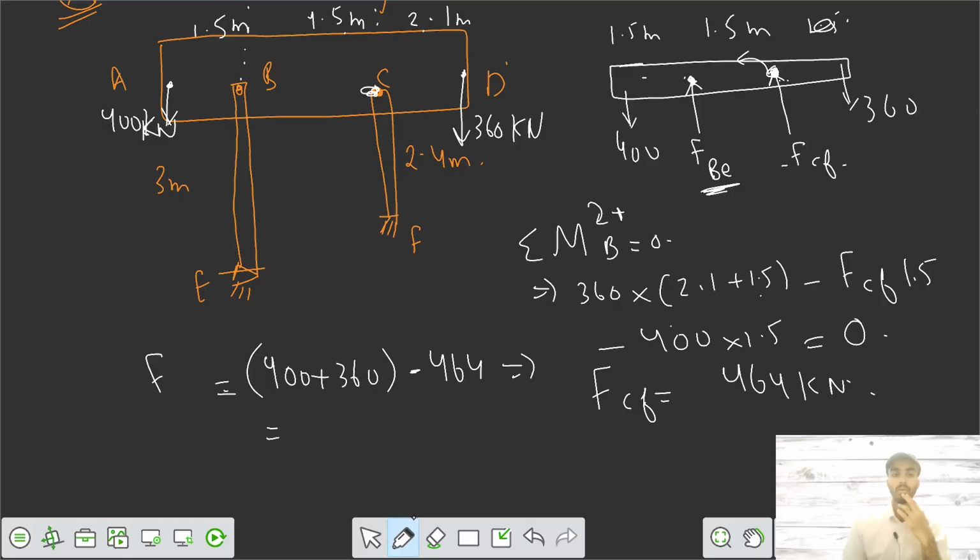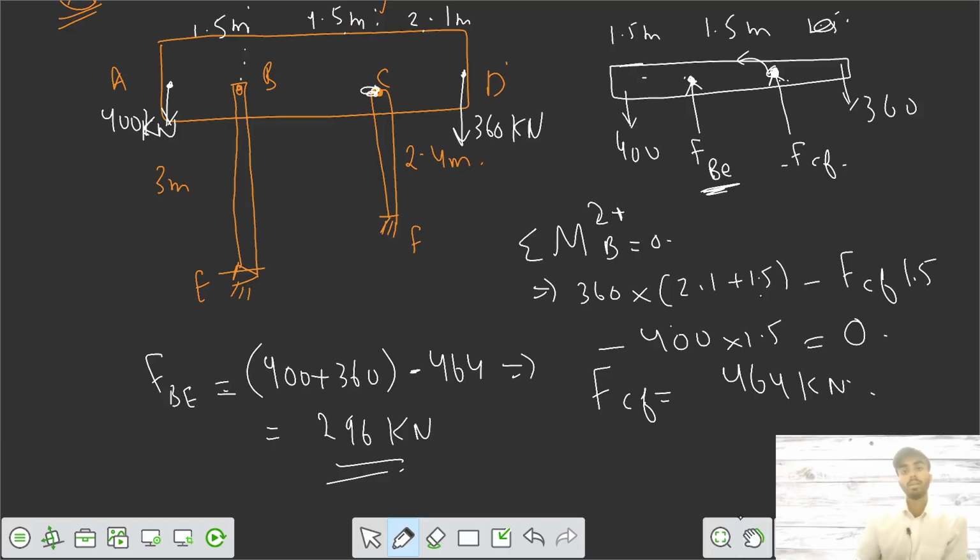You can get the value of FBE equals 296 kilonewton.